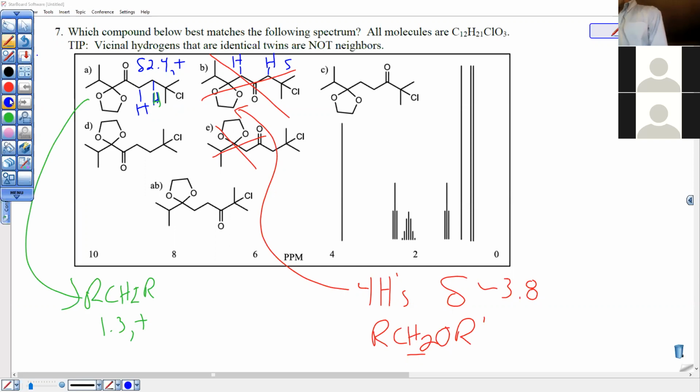Let's look at the 2 point. I just put a 2.4 check mark here, and triplet, 2.4 there. Similar story here. And did they all have that, of the remaining ones? I could have saved them some time here. They all have that, don't they? So we still got 4 candidates.